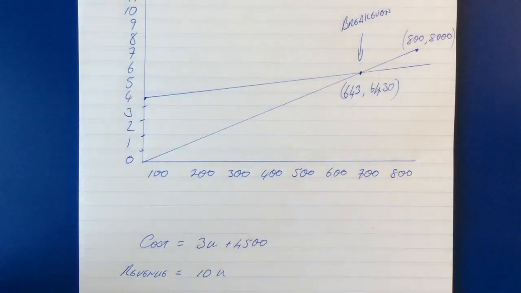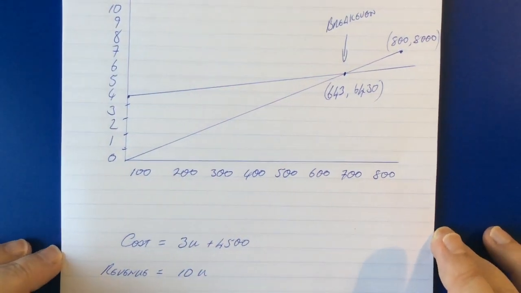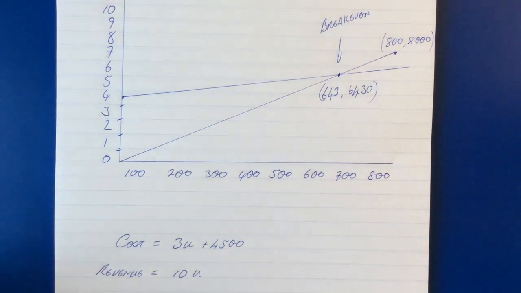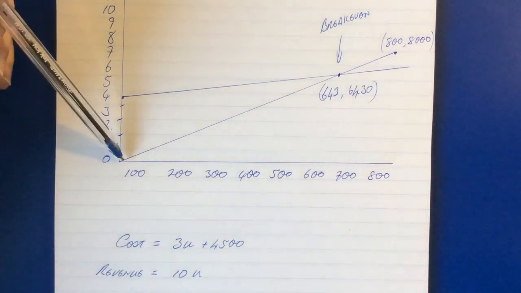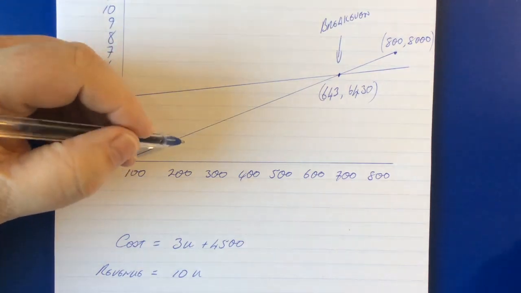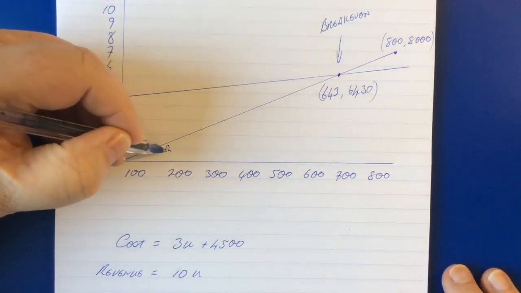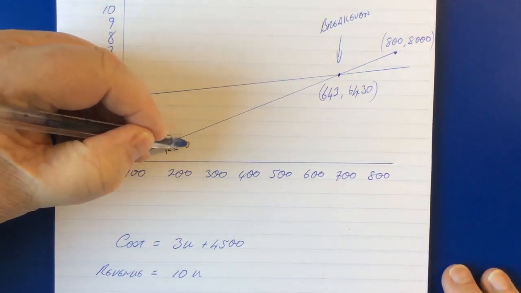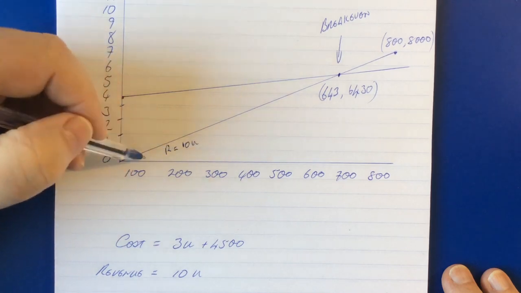Now what I have done, which fortunately you can see in this frame, is I've graphed the revenue line, which starts here. So this is, we'll call it R, is equal to 10U. So that's $10 per unit.